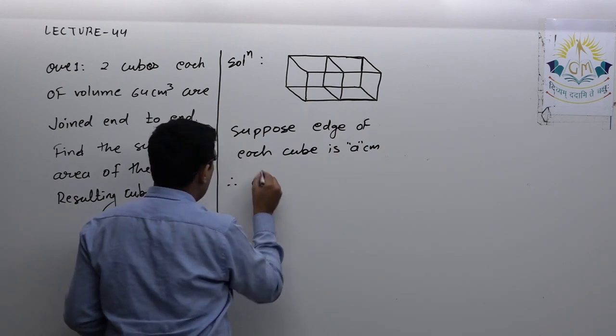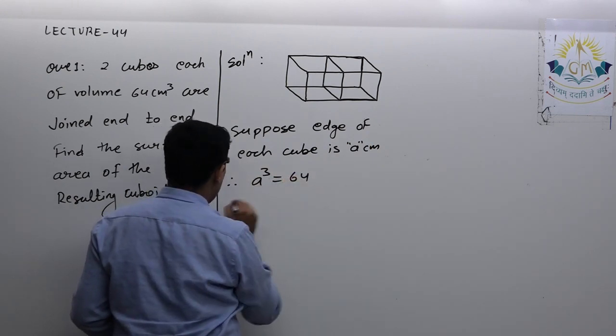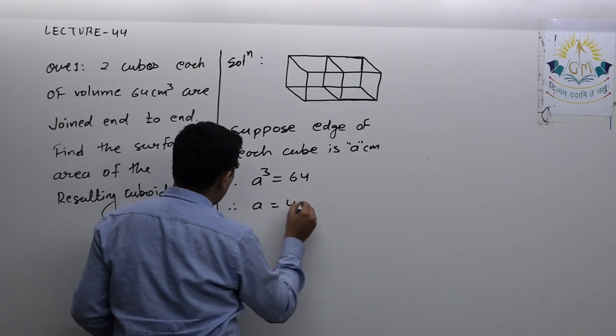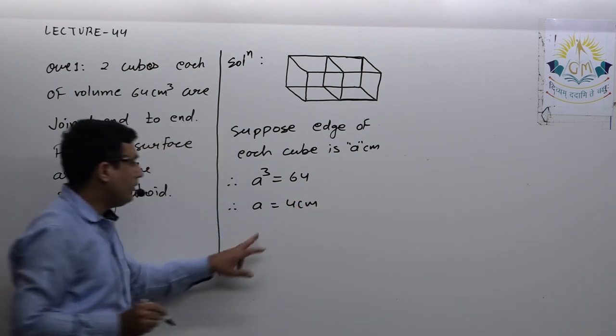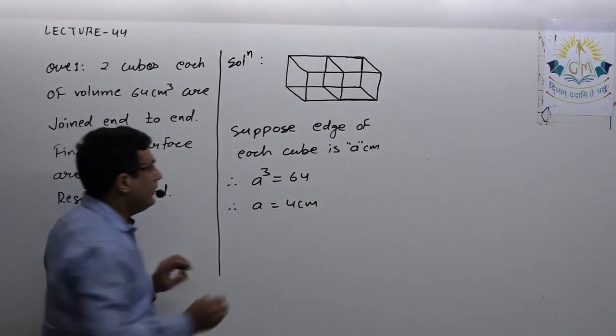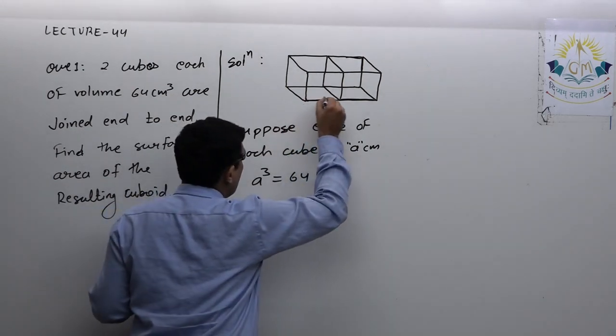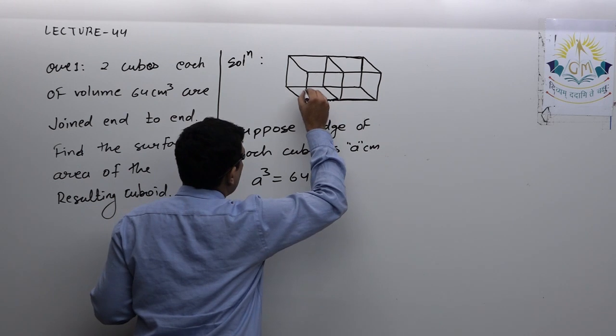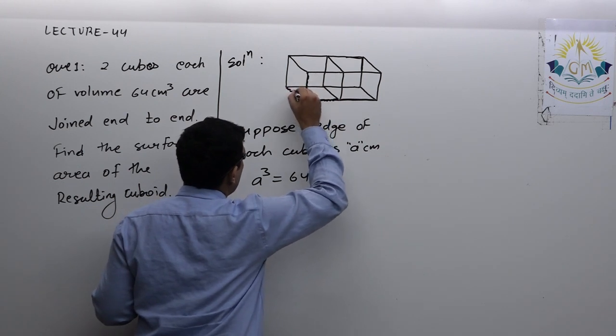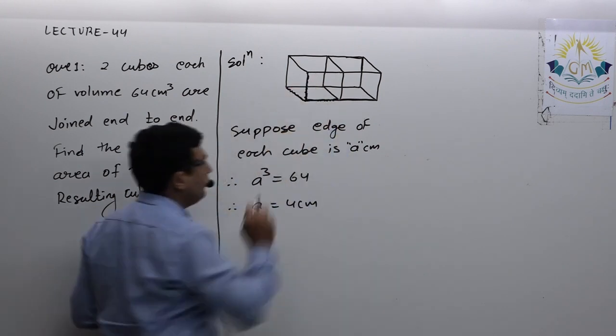Therefore, a cubed is equal to 64. Therefore, a is equal to 4 centimeter. So here we got the edge of the cube. That means this is 4, this much is 4, as well as this is 4. That means the length, breadth, and height of this cube is 4.